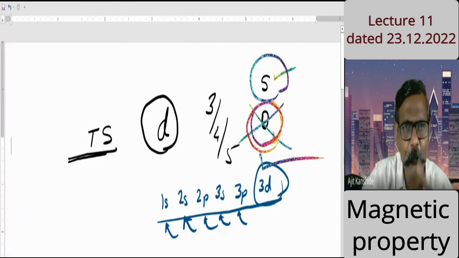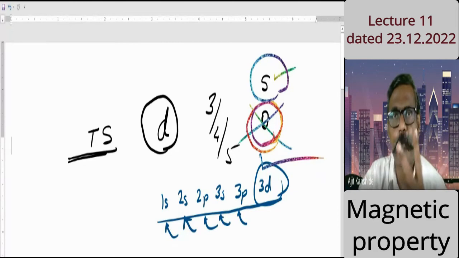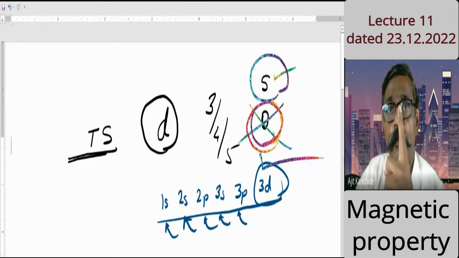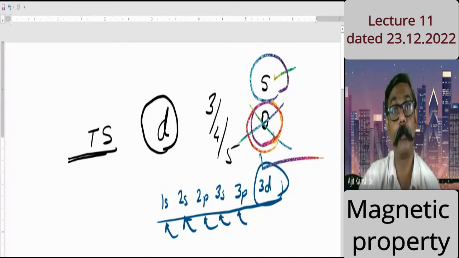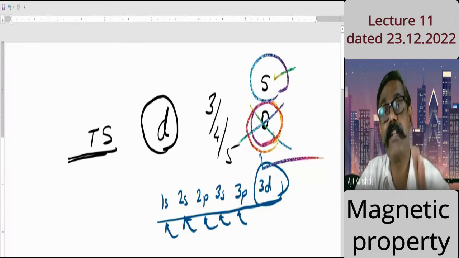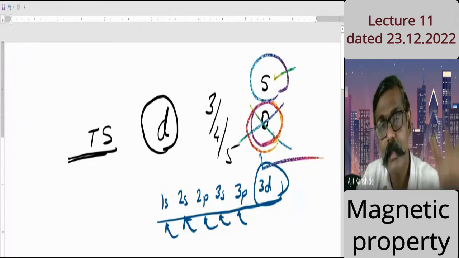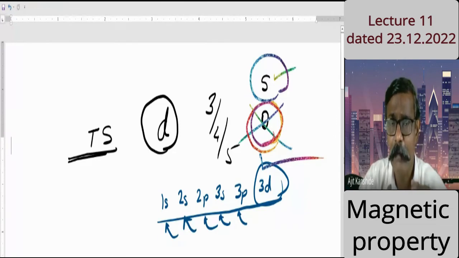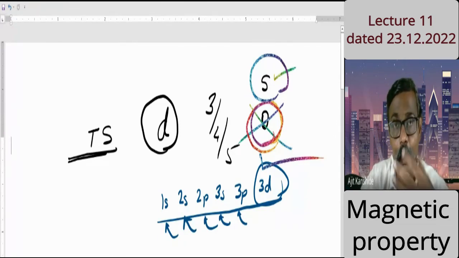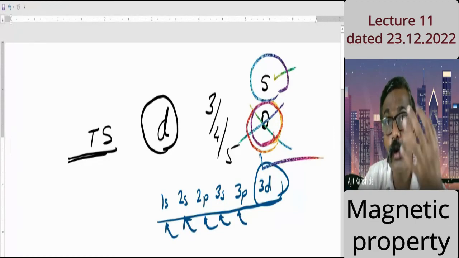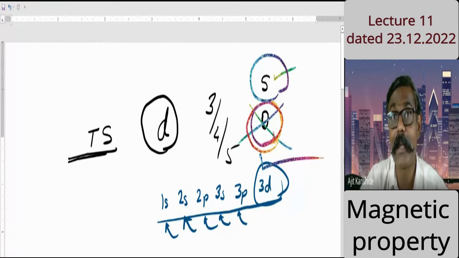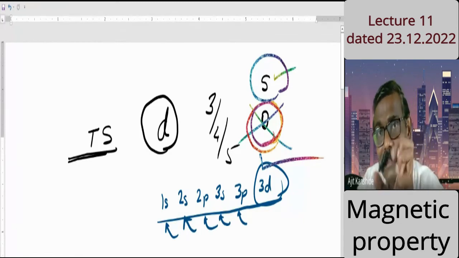Before that, is that point clear to you? Though two types of motions are there for the electron, spin and orbital, only spin motion contributes to magnetism, not orbital. Why does orbital motion not contribute? Because it gets quenched, it gets disturbed because of the surroundings. It is there, but we cannot observe that magnetism because of the surroundings. Just as I am talking and you could listen, but not clearly because of the surroundings, you will understand the disturbance of the surroundings and the feeble, lesser sound.